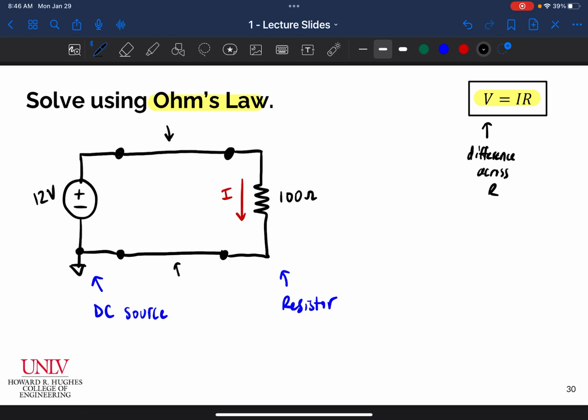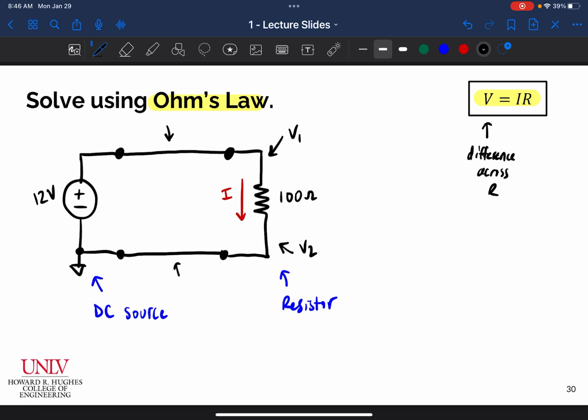Okay? And so what we need to do is label this side of the resistor V1 maybe, and the other side of the resistor we can label V2. And then in order to solve this circuit for I, let me rearrange this equation.